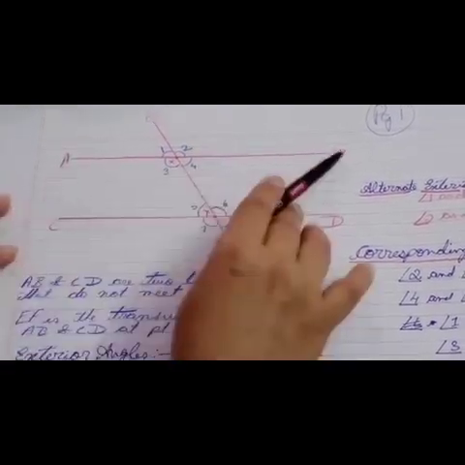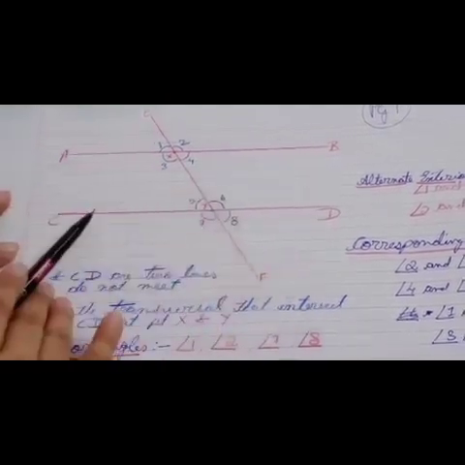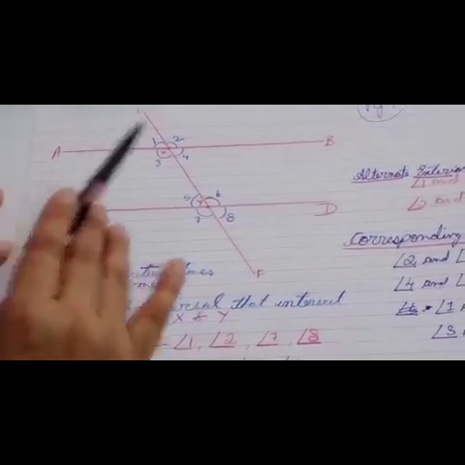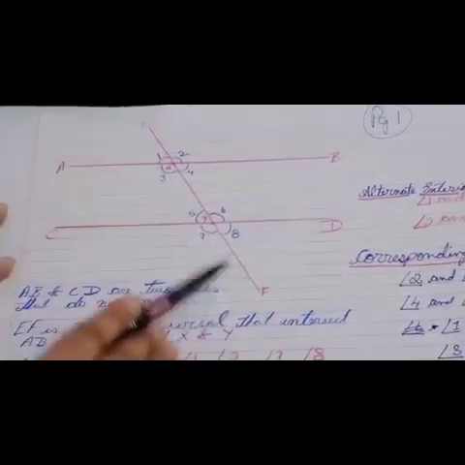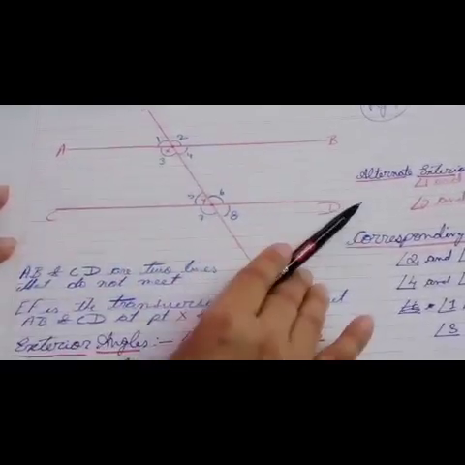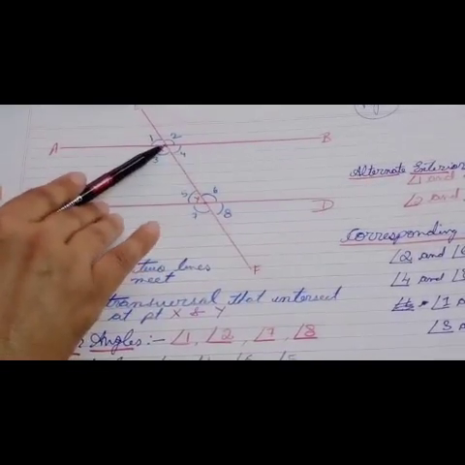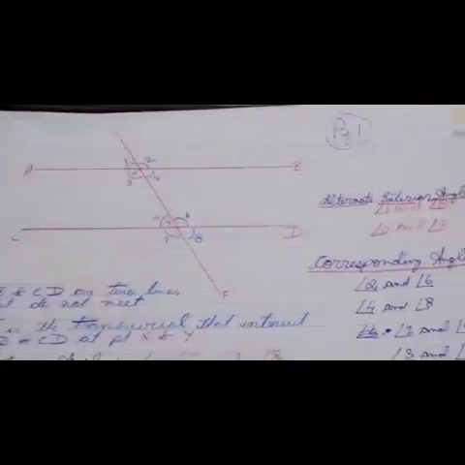I repeat, AB and CD are the two lines that do not meet. That means they are parallel lines, but we have to prove also why they are parallel lines. And EF is the transversal, a line which passes through AB and CD and intersects AB at point X and CD at point Y.